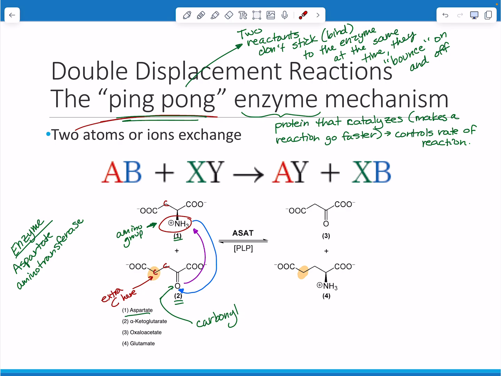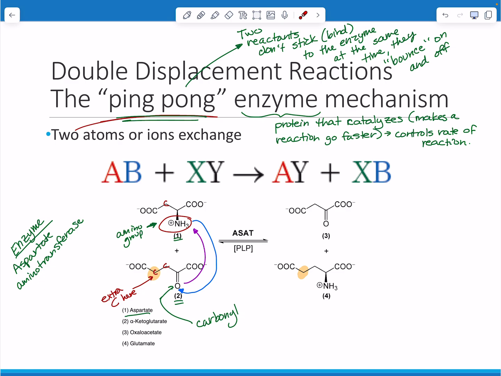These are normal products of metabolism. If you have a blood panel and you're looking for liver function, the enzyme, the protein that helps this reaction happen, is one of the things that we test for when we look at liver enzyme function.